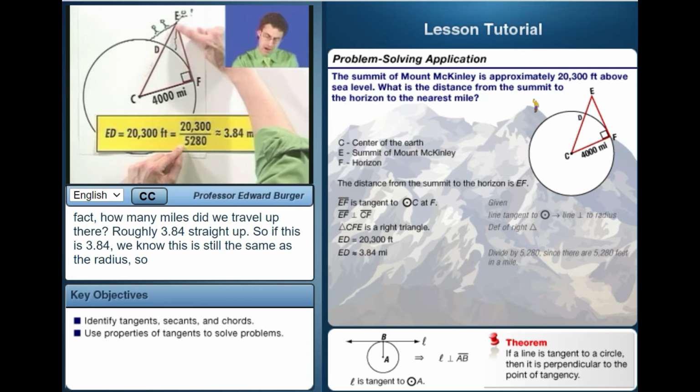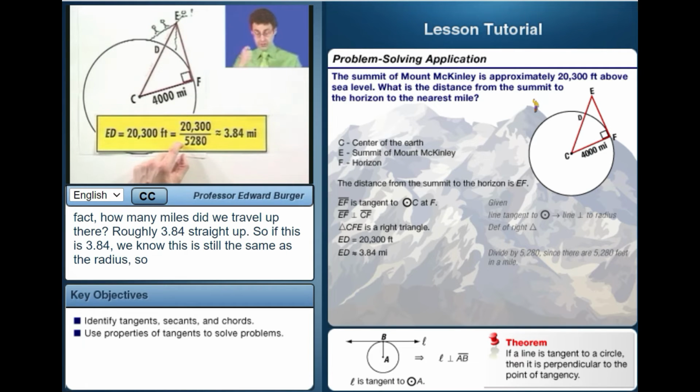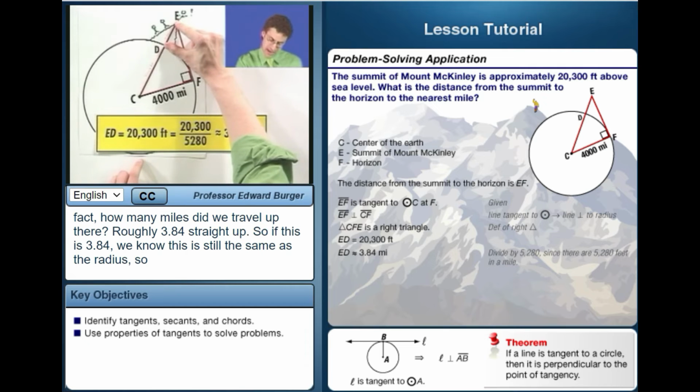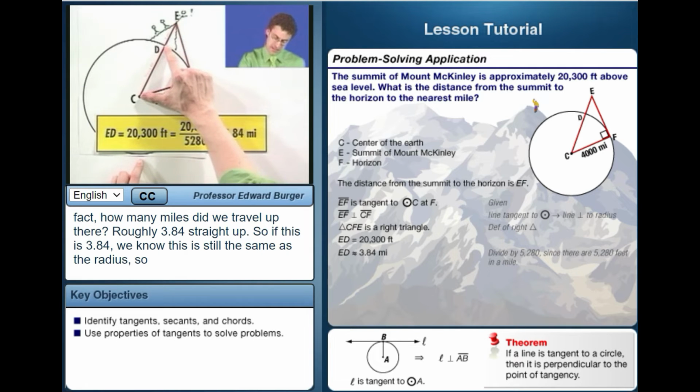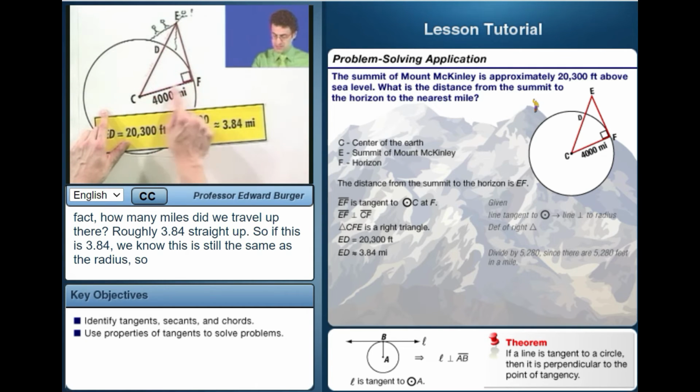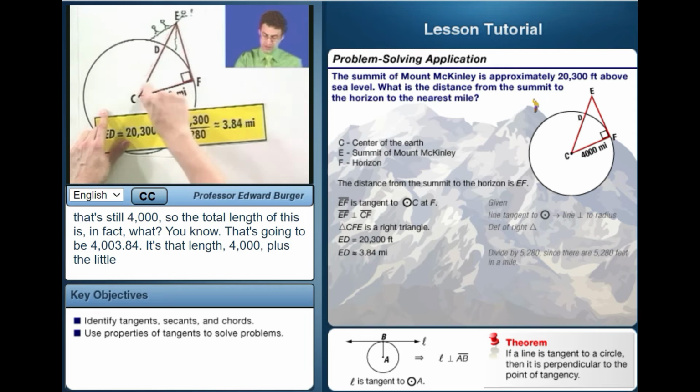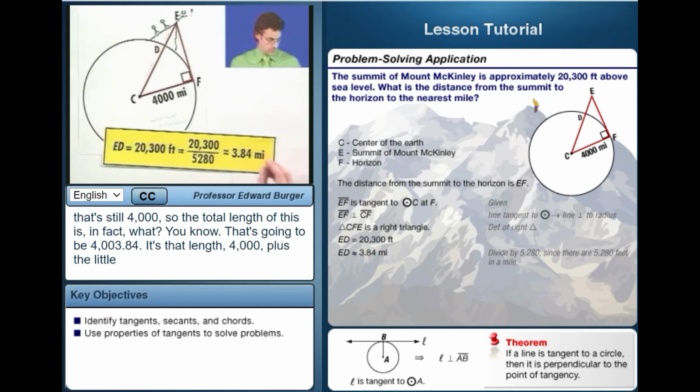So how many miles did we travel up there? Roughly 3.84 straight up. So if this is 3.84, we know this is still the same as the radius, so that's still 4,000. So the total length of this is, in fact, what?